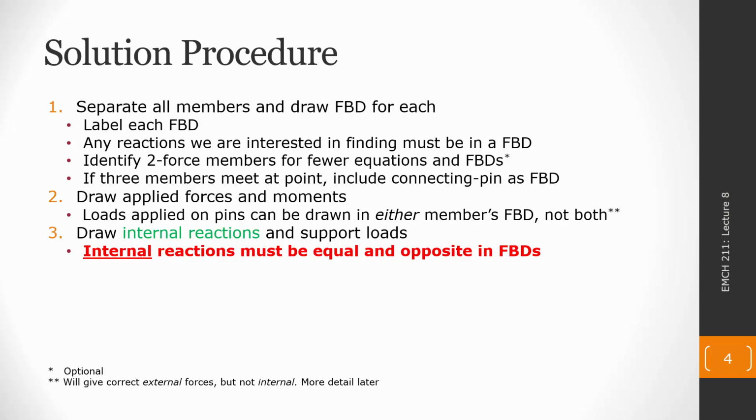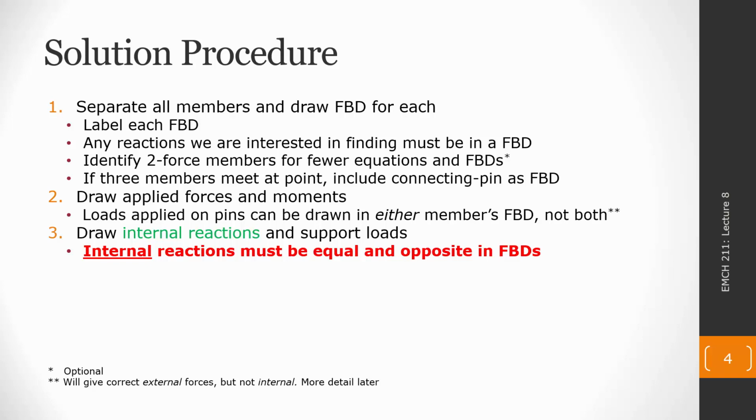So if we have an internal pin and we draw one member, and at that point we say, okay, if the force from this pin is positive to the right and positive up, in the other diagram where that pin occurs, we are now forced to draw it left and down, so that in the two pictures, that horizontal force is equal and opposite, and the vertical component of force is equal and opposite as well.